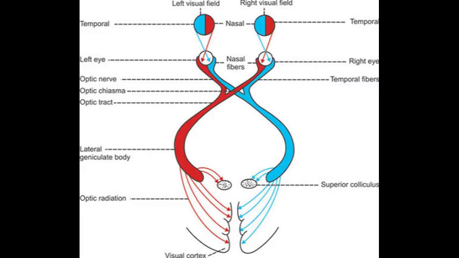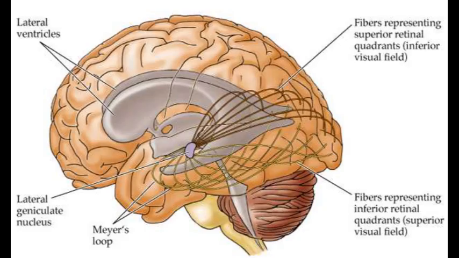Now, it gives us something we call the optic radiations, and the superior fibers carry information from the inferior visual field as they pass through the parietal lobe, whereas the inferior fibers carry information from the superior visual field and they pass through the temporal lobe. And this gives a loop which we call the Meyer's loop.